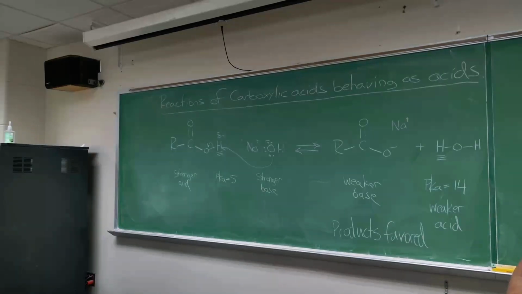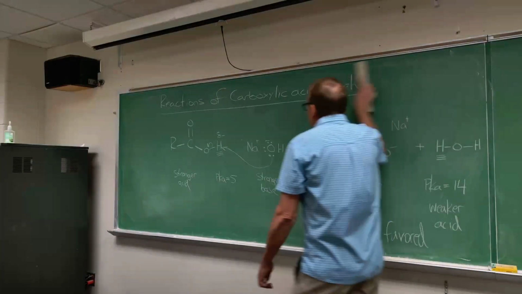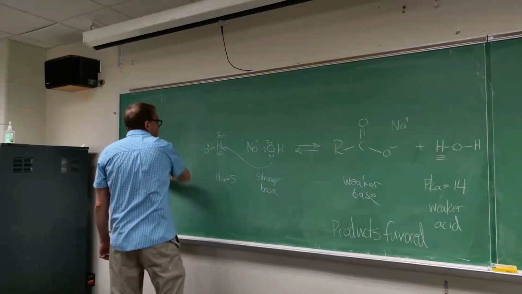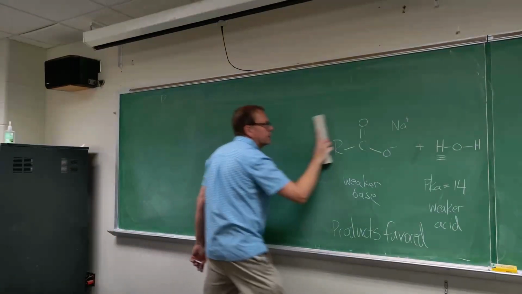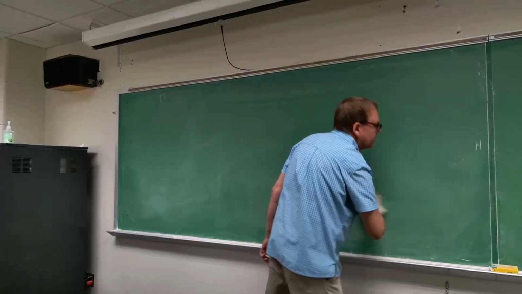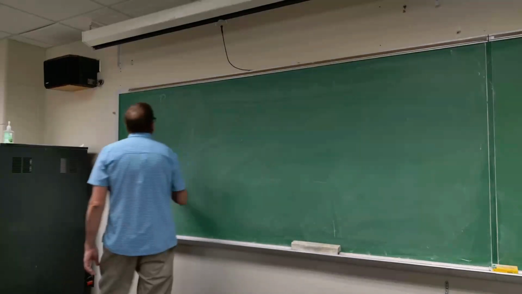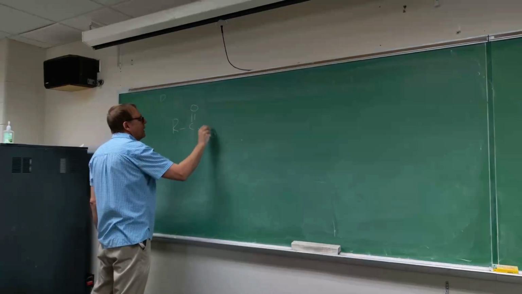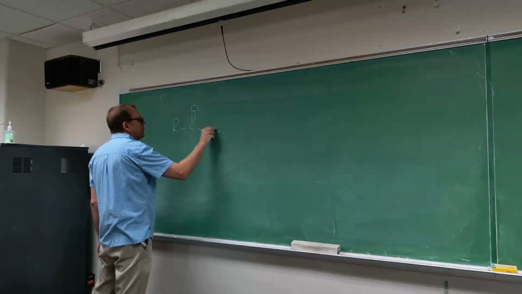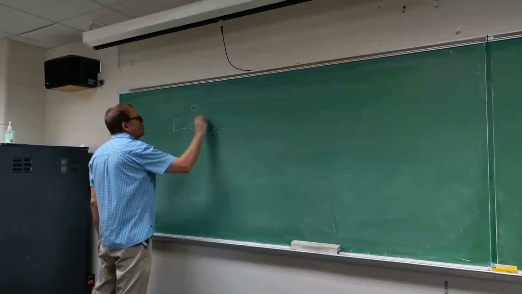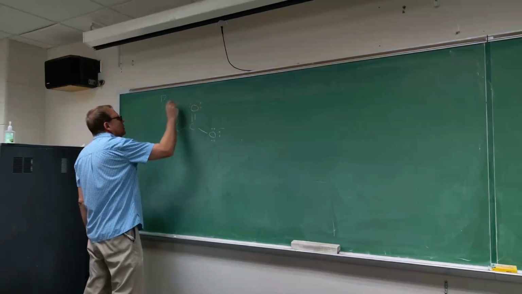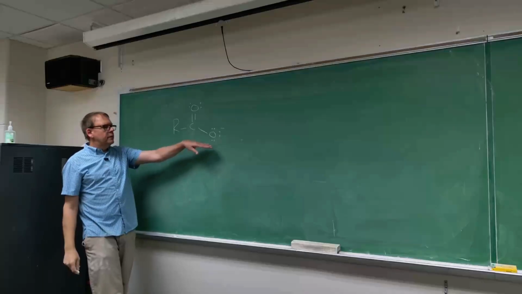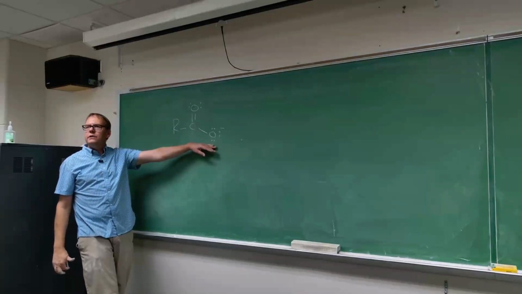Why are carboxylic acids strong acids anyway? It has to do with the fact that their anion, the thing that you get when you pluck off the proton, is resonance stabilized. If you take a look at a carboxylate anion, this is one Lewis structure of it, but it's not exclusively like this.